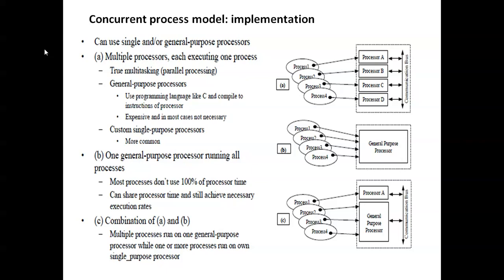Here we consider four processes: only one process, process 1, is run by processor A, and the remaining processes 2, 3, and 4 are run by the general purpose processor. So a combination of these two is available in the concurrent process model implementation.